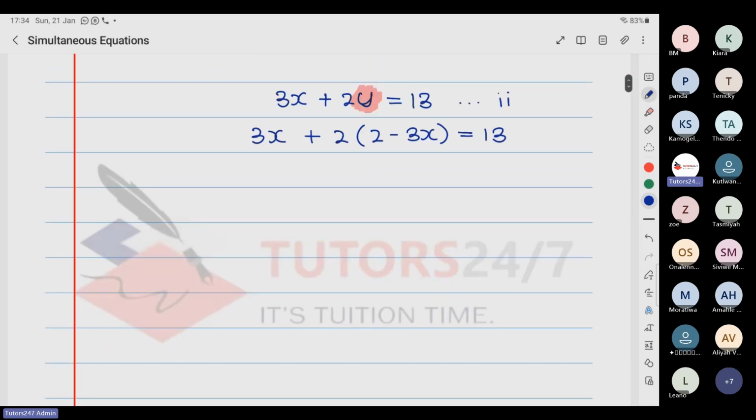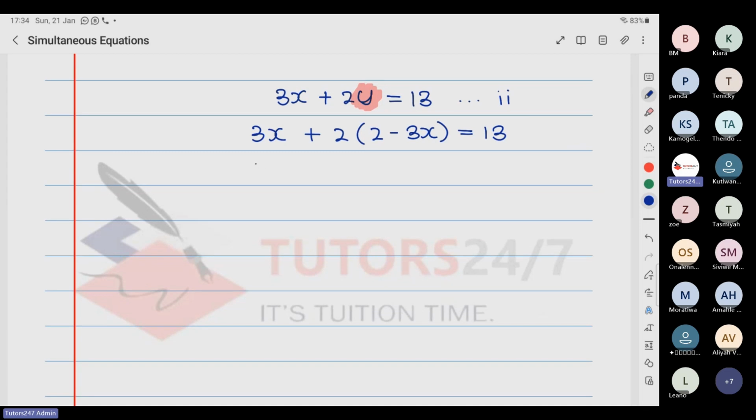So from here, we are going to simplify and solve for x. We can bring down 3x. We can distribute positive 2 into the bracket, giving us 4 minus 6x equals 13. From here, we need to solve for x. So we can see that we have like terms.